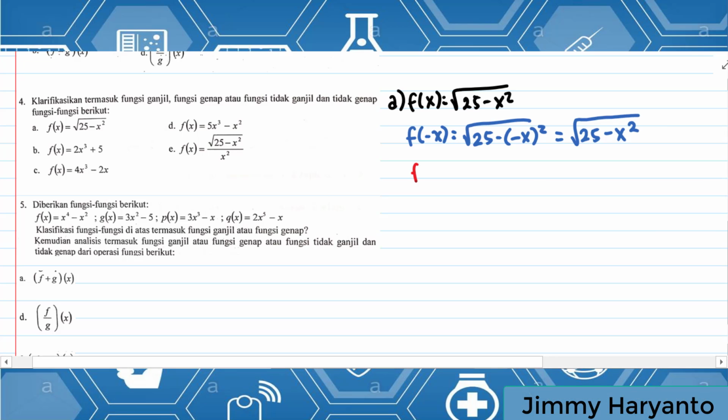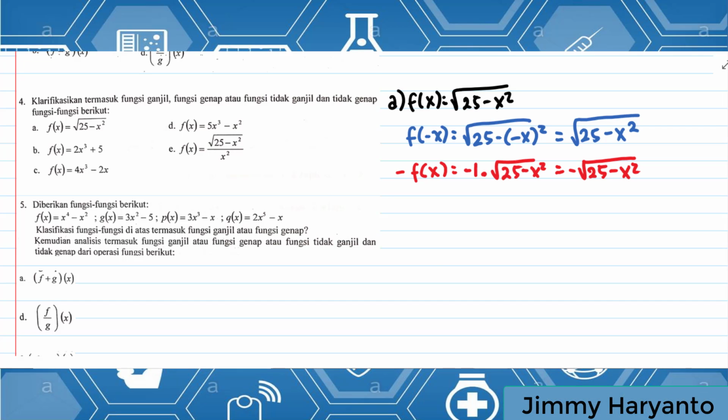The second one, you have to find negative f(x). Negative f(x) means you multiply negative 1 with f(x). Negative 1 times f(x). The f(x) is the square root of 25 minus x squared. You cannot multiply the negative into the square root, so leave it like that: negative square root of 25 minus x squared.